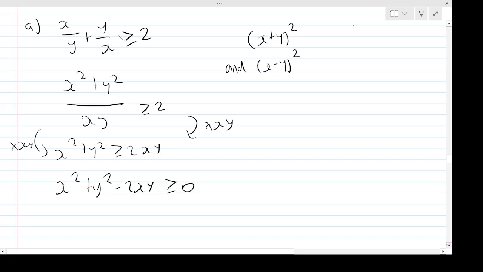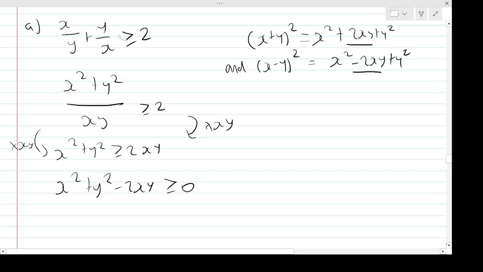If we consider these two expansions here, well, x plus y squared for any x and y is x squared add 2xy, add y squared if you expand that. And this one would be x squared, then take away xy, take away xy, would be take away 2xy, add y squared. So they're very similar, except you're adding 2xy here and taking away there.